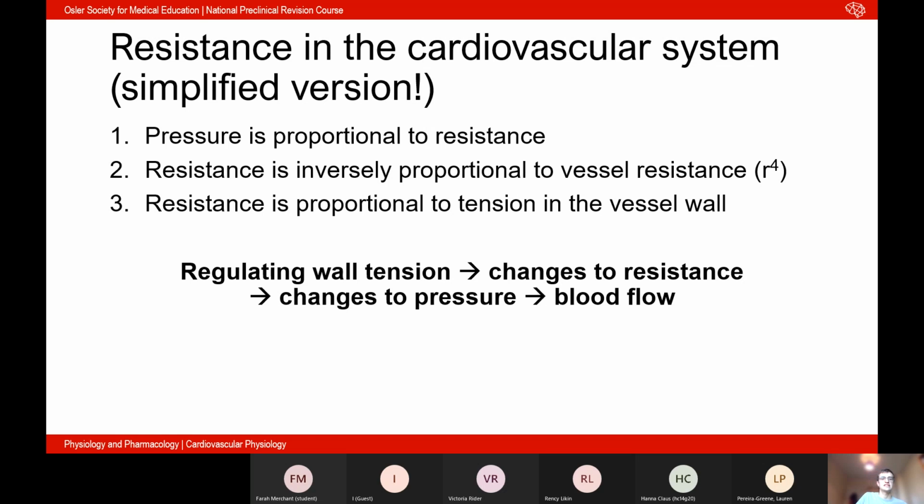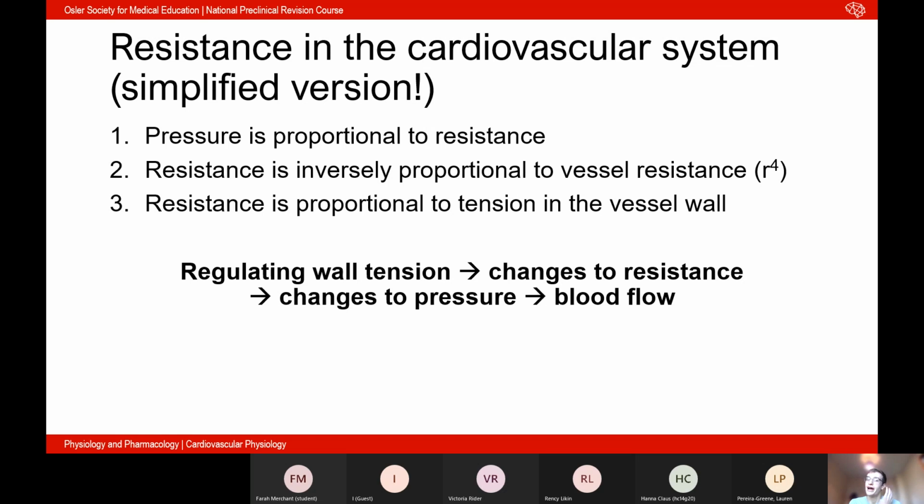That should say resistance is inversely proportional to vessel radius or diameter. I'm sorry about that. And so number 3 therefore should read radius is proportional to tension in the vessel wall. That's a fun slide on my part.